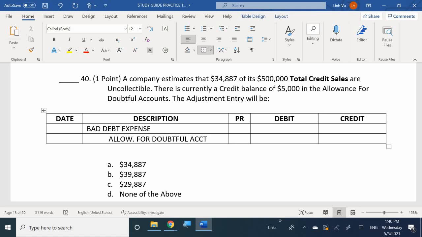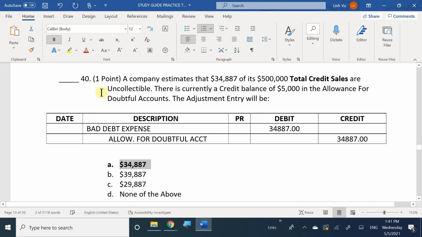We don't care if there's a balance in the allowance for doubtful accounts because it doesn't appear on the income statement. So the only number that you will use is the estimated number, which is the 34,887. Okay, so correct is A.